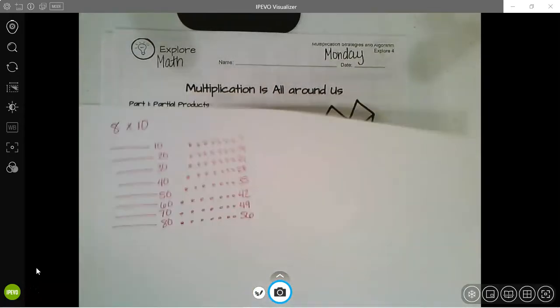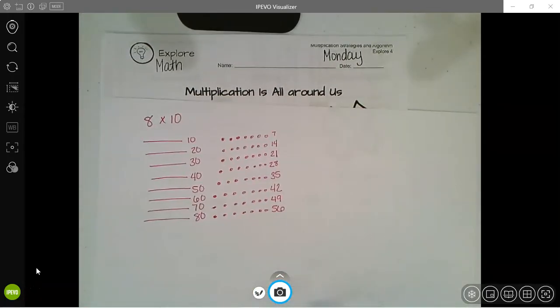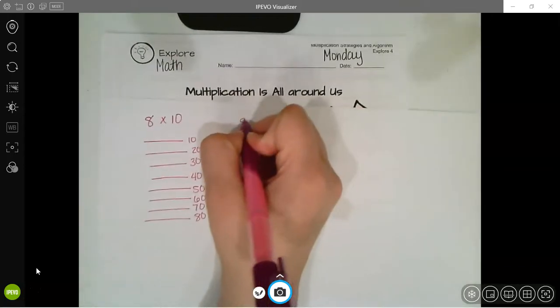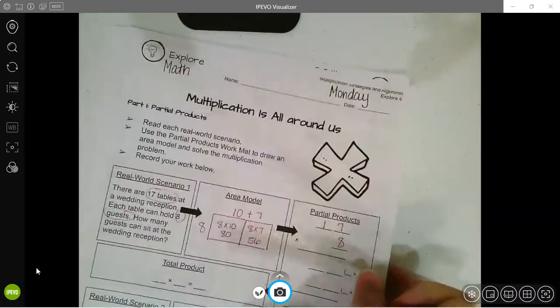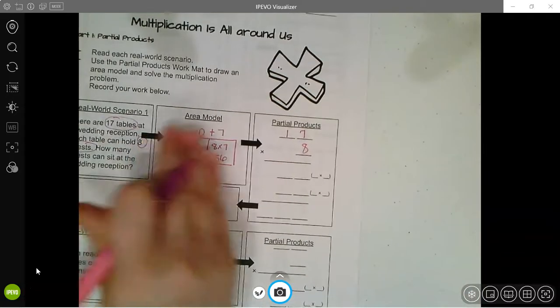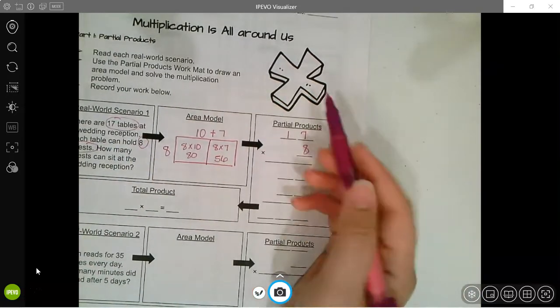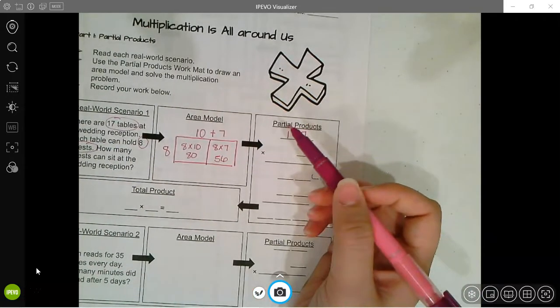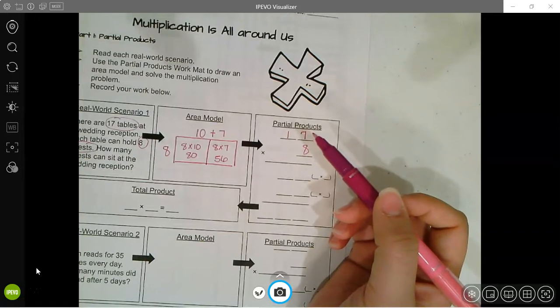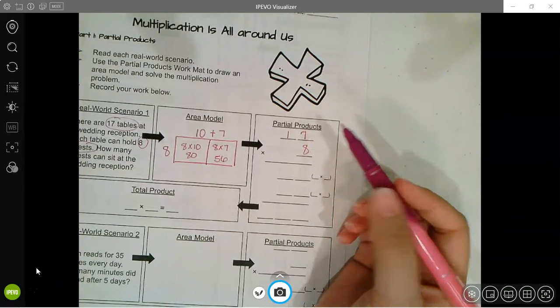So see how, if we had to draw a picture like this every single time, guys, it's going to take us forever. So what I'm doing is taking my picture and making it over here. When we multiply by a 2-digit number, we're breaking it apart.